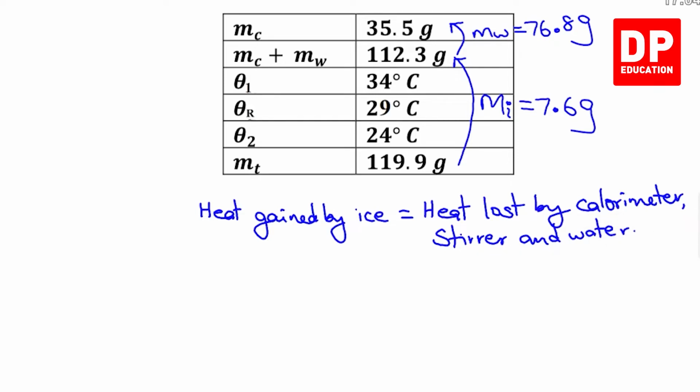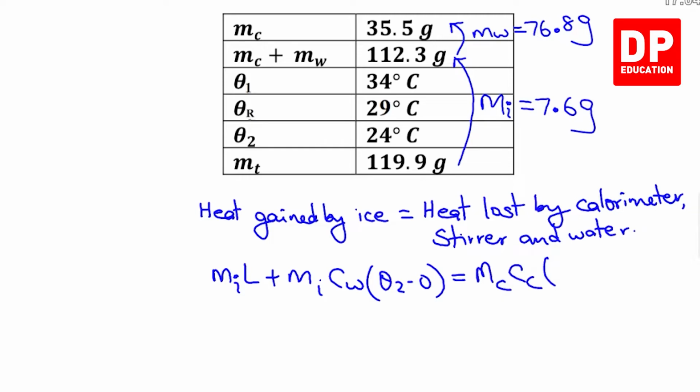Okay. Heat gained by ice: M_I L, plus M_I C_W (theta 2 minus 0). Calorimeter and stirrer: theta 2 minus theta 1, no, theta 1 minus theta 2, right?